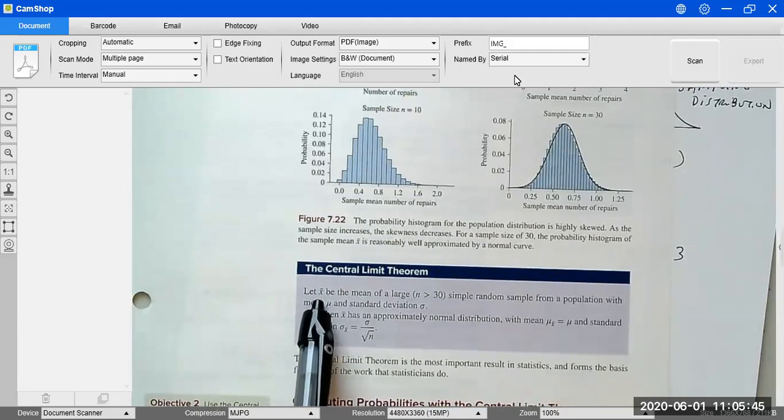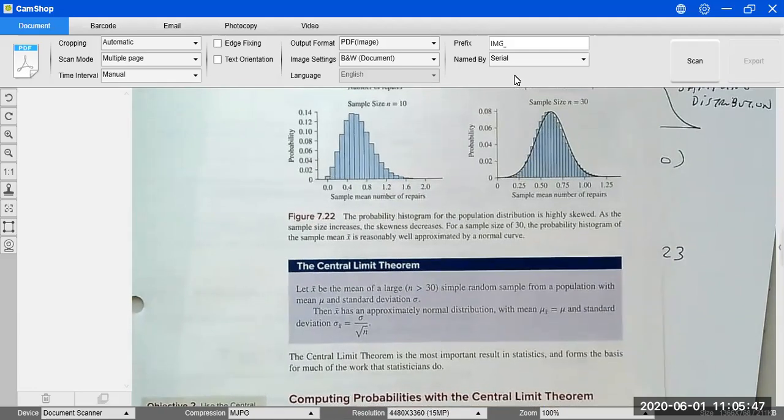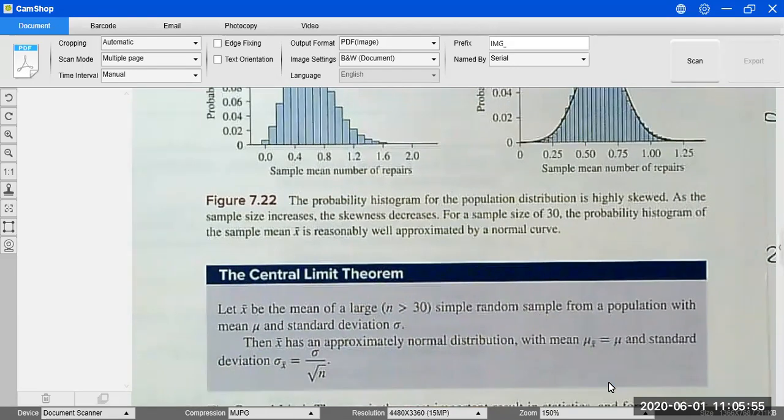If x bar is the mean of a large simple random sample, and this is important, large means n greater than 30, from a population with mean mu and standard deviation sigma, then those means follow a normal distribution.